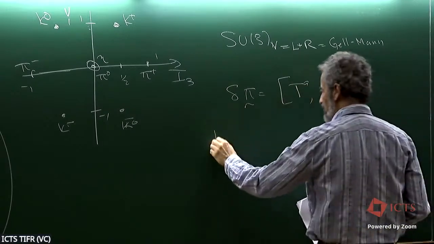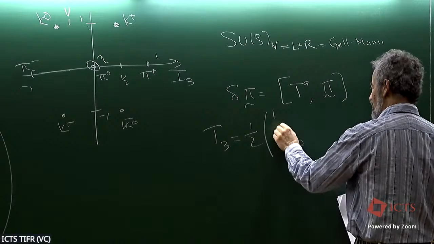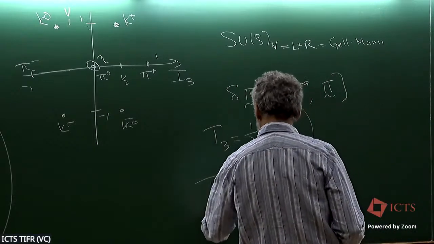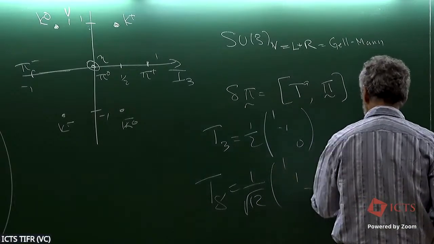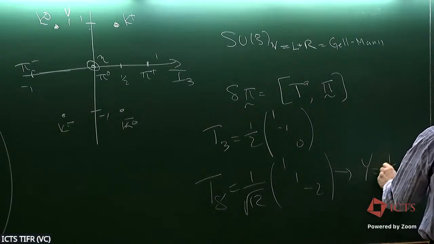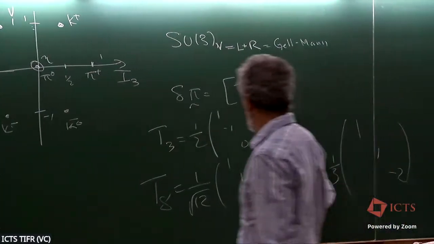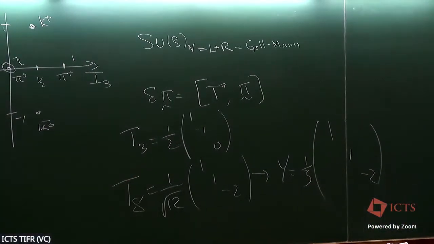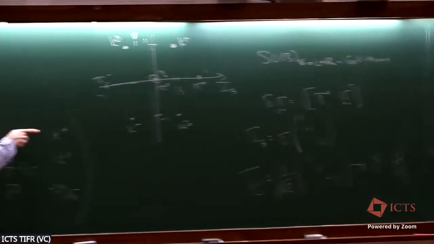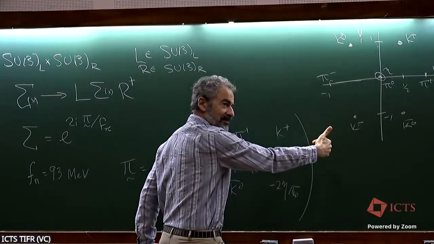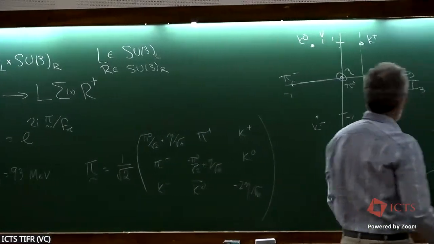If you take T3, which is 1/2 of 1, -1, 0, or T8, which is 1 over root 12 of 1, 1, -2, proportional to Y, then when you commute, you see that the K plus, when you commute with T3, you get a 1/2 when you multiply on this side by T3, and you get a 0 on that side. And so the K plus has to be one of these I3 equals half states.